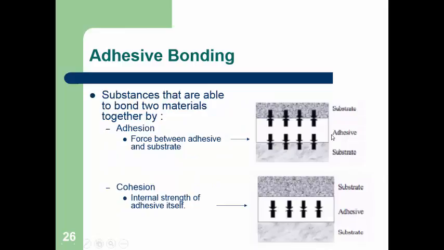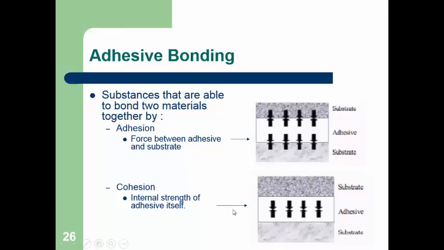Adhesive bonding is interesting because, and we're going to talk more about this sort of thing in composites, but basically you have bonding by adhesion, that is the resin or the adhesive has its own internal strength and it adheres to the 2 substrates, forming a 3-part joint, if you want to think of it that way.